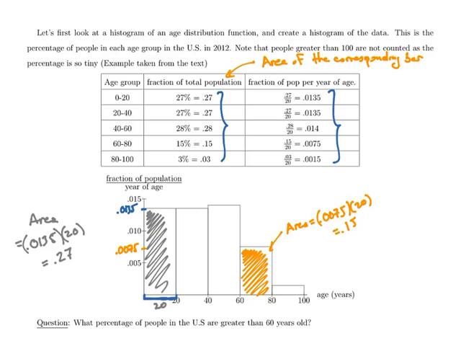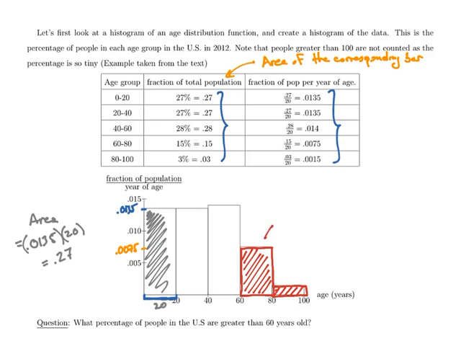So, for instance, what percentage of people in the US are greater than 60 years old? What that represents in this picture is everything greater than 60. So we're going to look at this bar and this bar, and we're going to find the area of those.